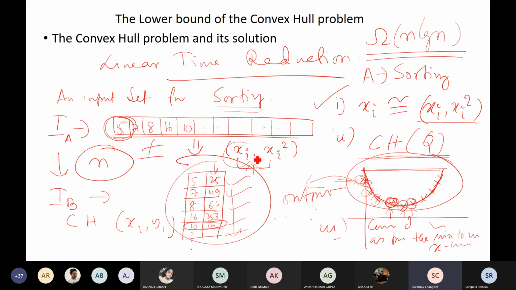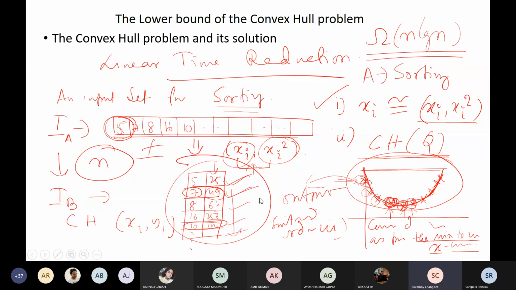The y coordinate is just the square of this. So if x is minimum, y will also be minimum among all these. This is the second minimum x, so this is second. If we go on listing out these points from minimum x to maximum x, all the points are in sorted order, nothing else.